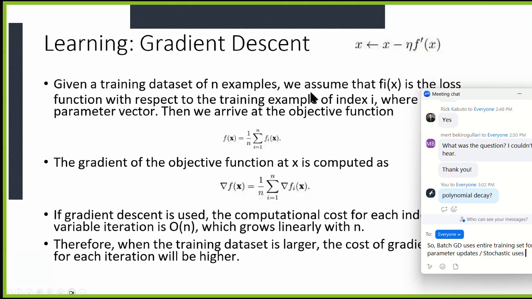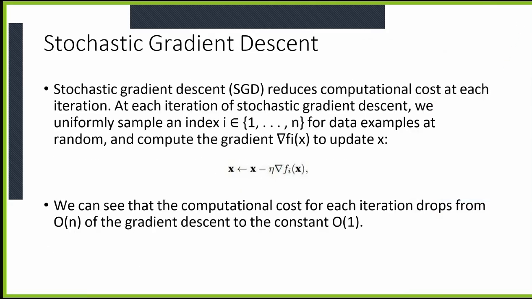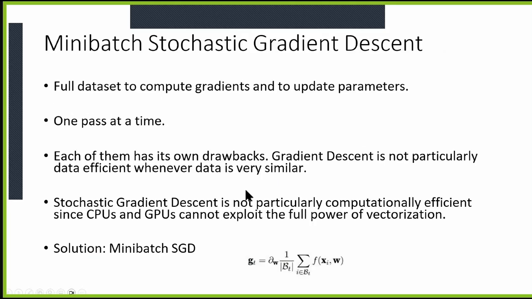So batch gradient descent uses the entire training data set, and stochastic gradient descent uses one training example, which are two extreme cases. Naturally, we would want some middle ground between the two, which is mini-batch stochastic gradient descent.